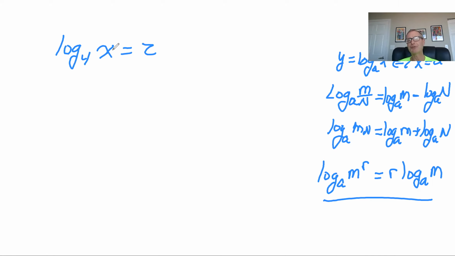Well, when you have a single log equals a number, how do we solve it? Well, the key is to use the inverse property, the first property, the idea that we can convert this to an exponential. And so if you do that, x comes out. 4, this value here is our y, so that would be squared, and you would get x equals 16.